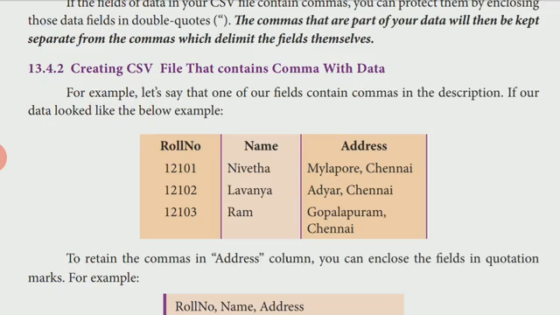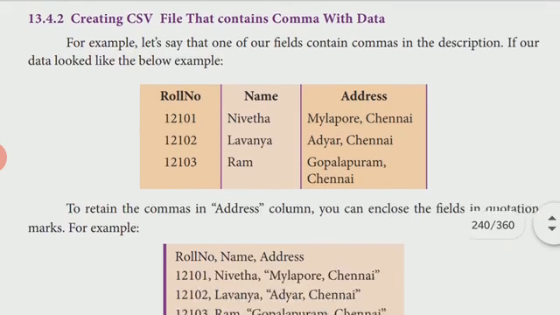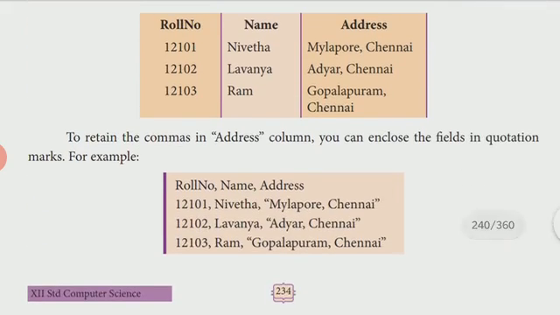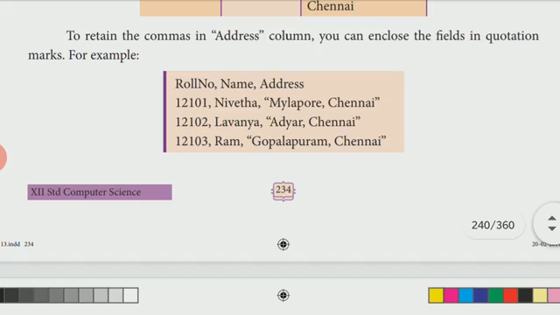So we are going to use double quotes to display the data. See here, 12, 101, Niveda. These are separated by commas, and within double quotes they gave Mylapore, Chennai.